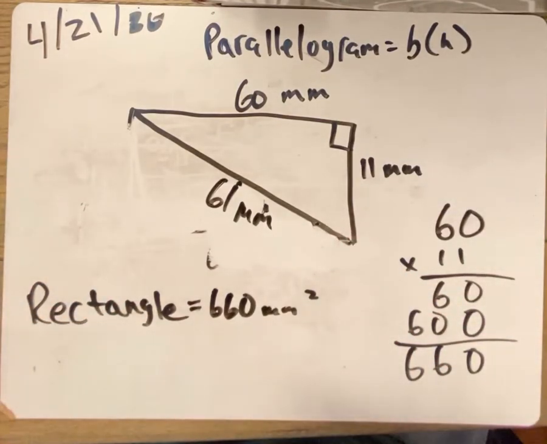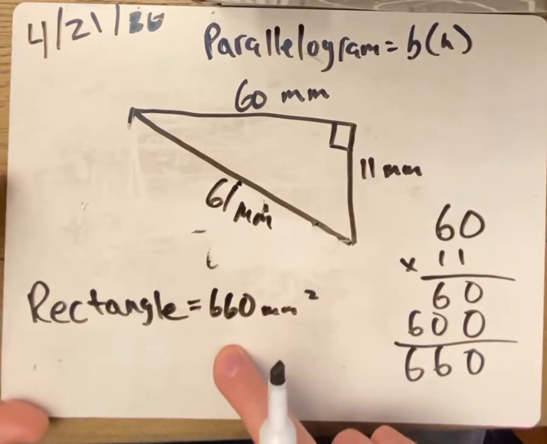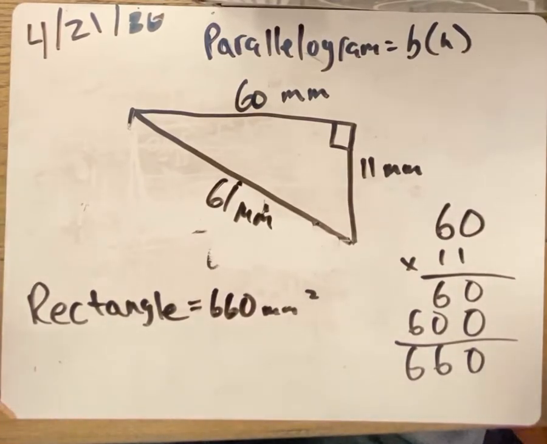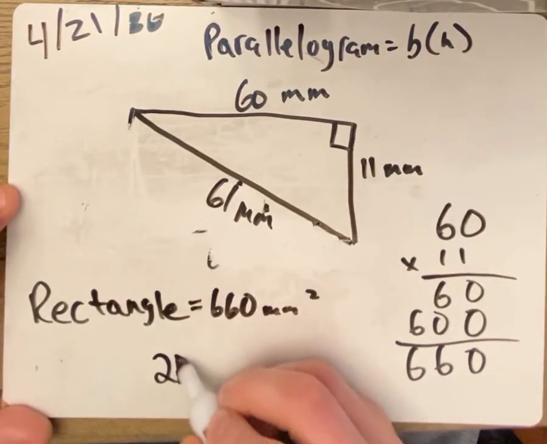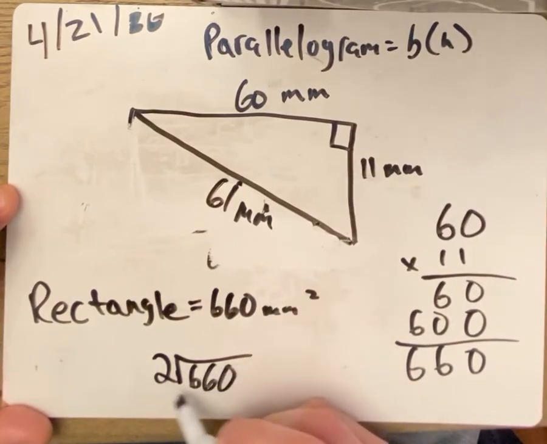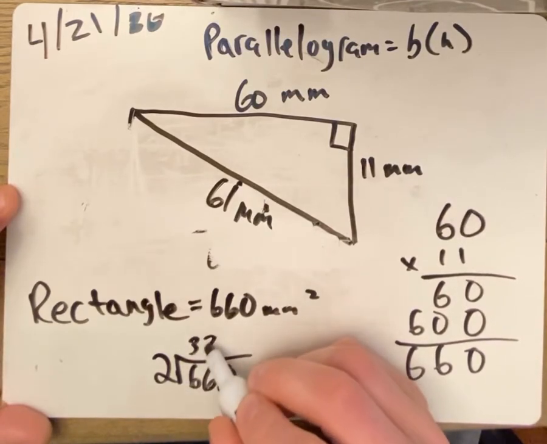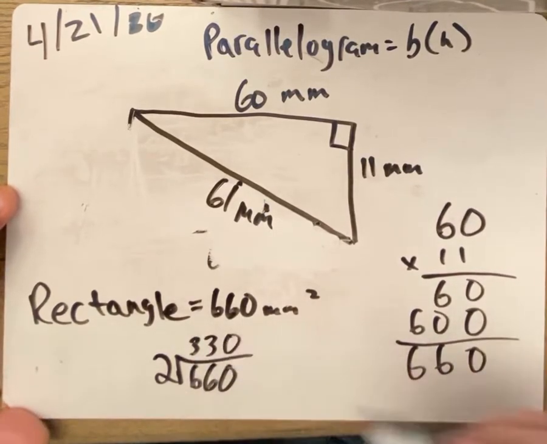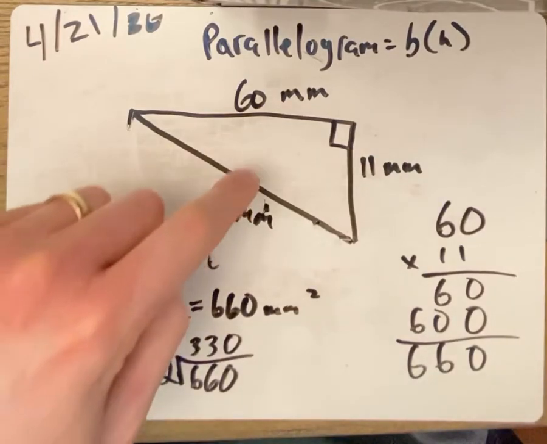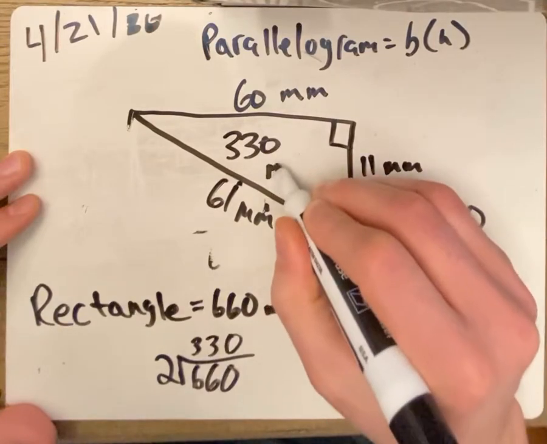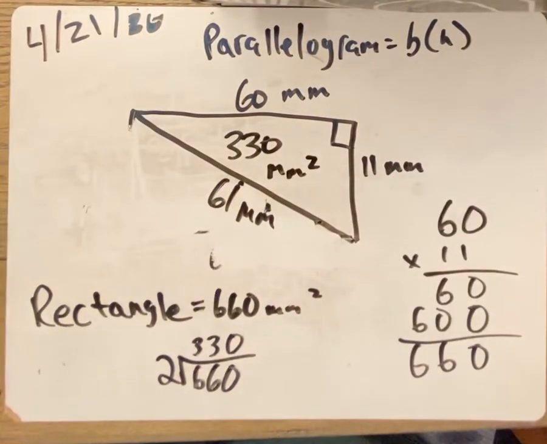So if my whole rectangle is 660 millimeters squared, then half of it, I would just have to divide by 2, right? 6 divided by 2 is 3, and 0. So the area of my triangle is 330 millimeters squared, right?